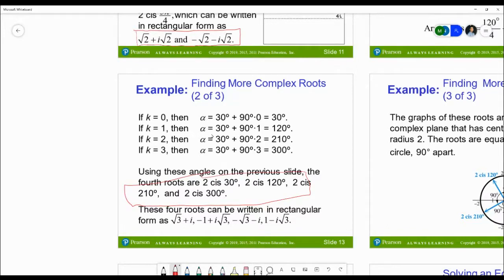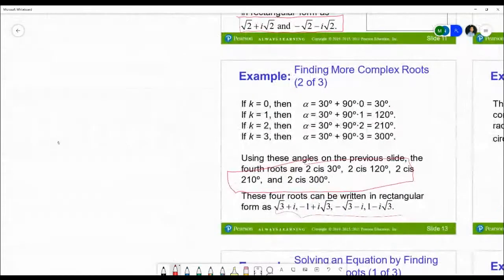Okay, and of course you can convert them to rectangular form. So if you forgot how to do that, 2 cosine, for example, 30, the first one, plus i sine of 30. So here you just evaluate cosine of 30, that's square root of 3 over 2.